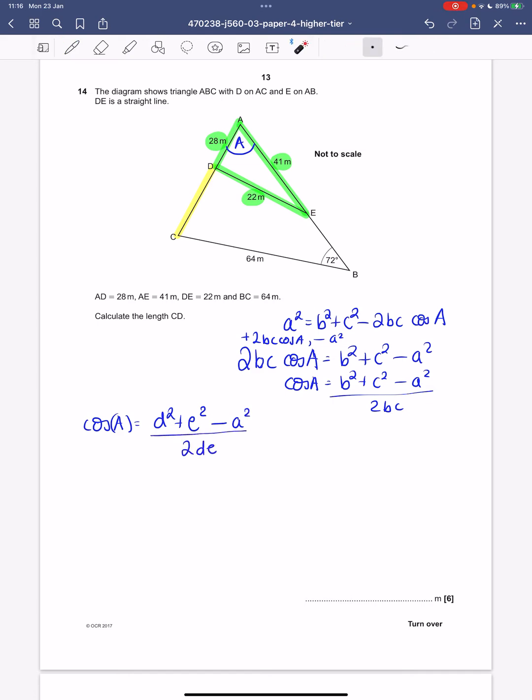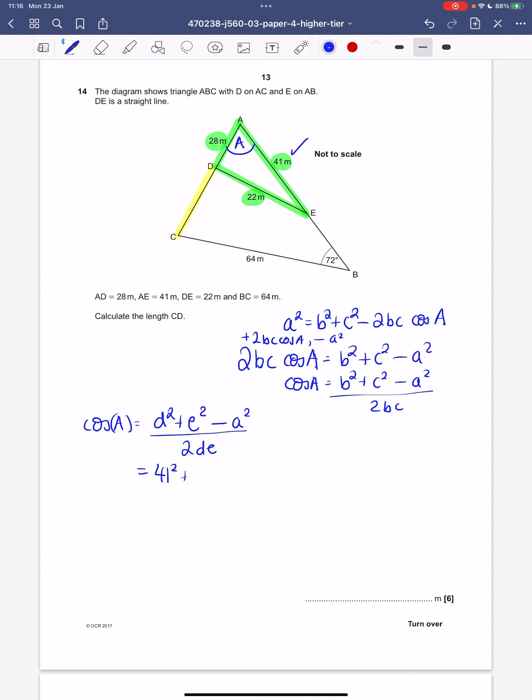So I've replaced B with D and C with E. Okay. So cos A, now lowercase d is 41, it's the length opposite D. So it's 41 squared.